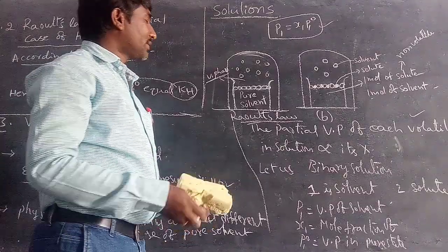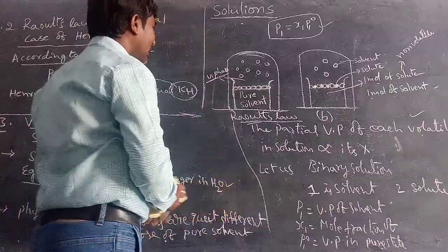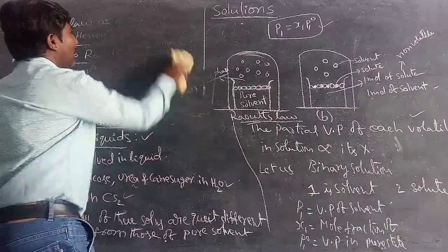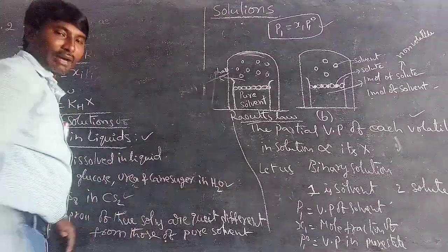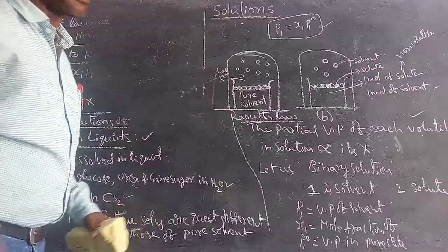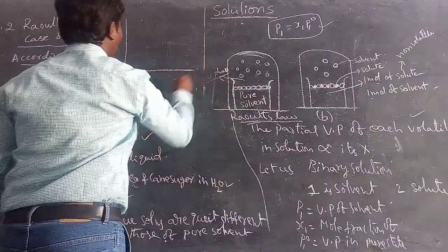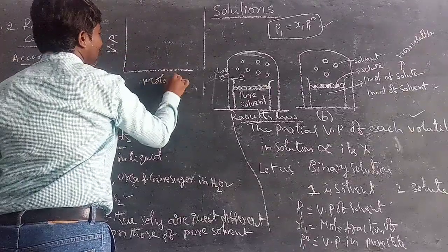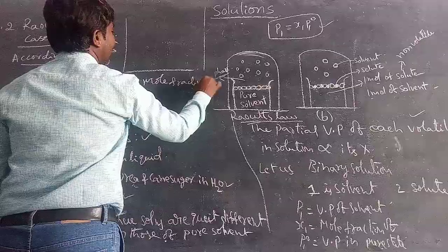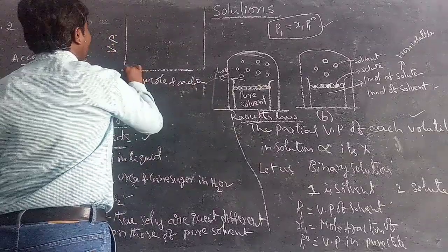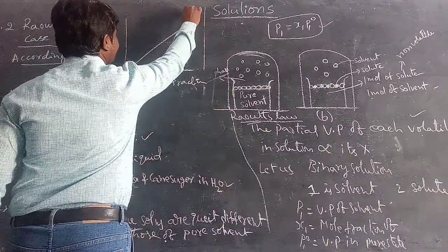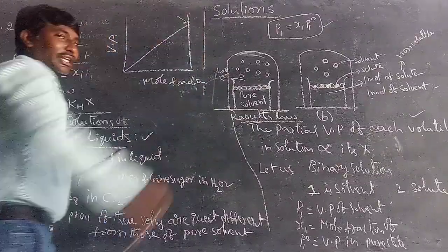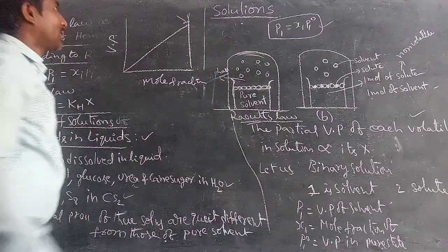Then here we draw the graph between vapor pressure and mole fraction of the solvent. This is vapor pressure and this is mole fraction, and that gives a straight line, linear, up to where it touches the pure state.